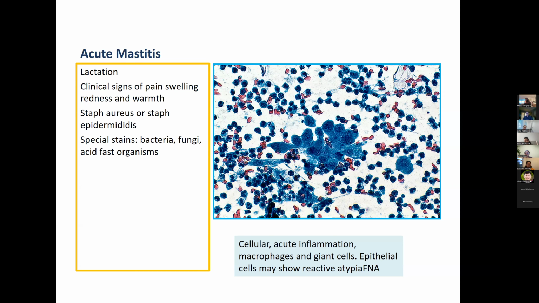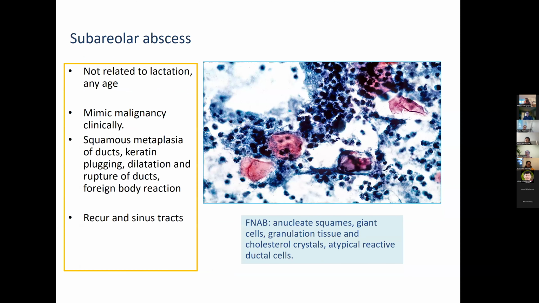And of course, you would also want to do special stains if you have cell block material to work on, and if you have granulomas. This is another entity that you can see, which is called a subareolar abscess. It's located in the area of the areola, where it is not really related to lactation, and it can mimic malignancy.